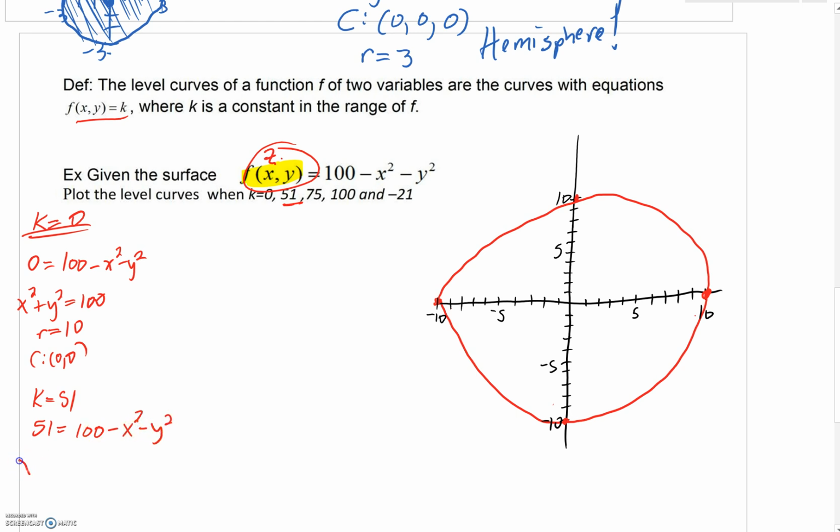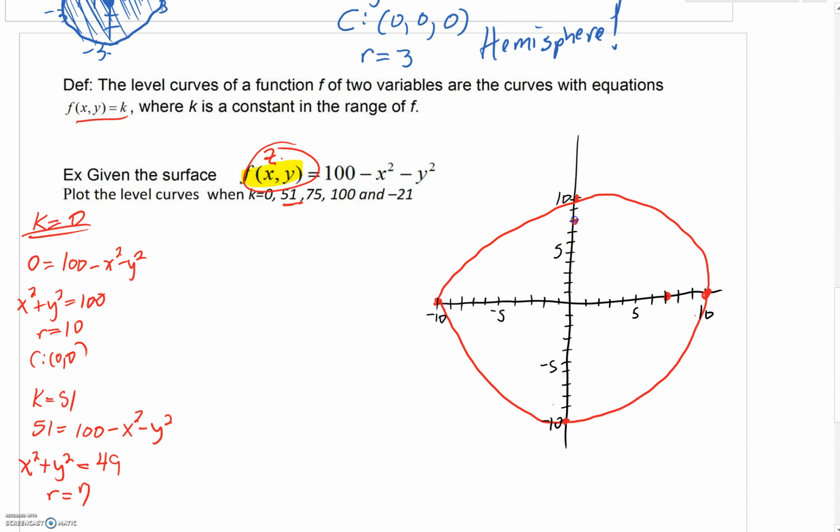I'm going to add x squared and y squared to both sides. I'm also going to subtract a 51 from both sides. And 100 minus 51 is 49. So I'd have a circle, this time centered at 0, 0 like before, but going out to 7 for a radius.